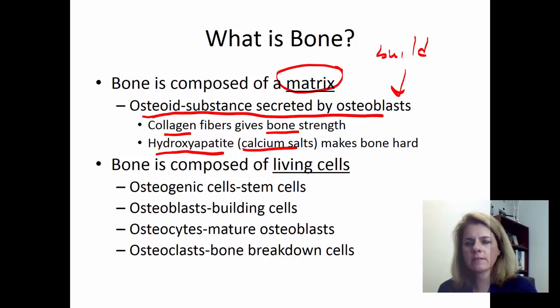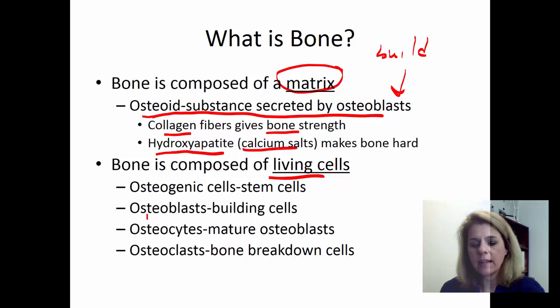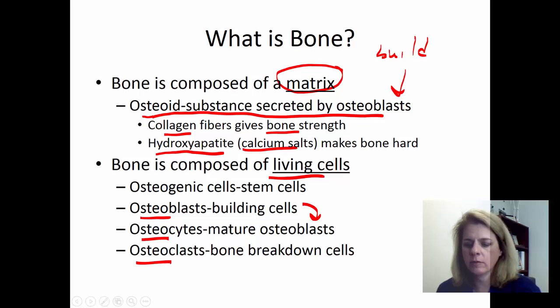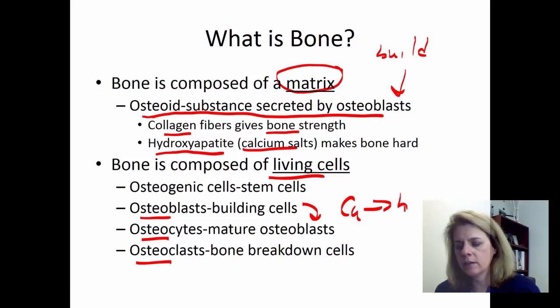Now, bone is not just a hard substance. It also has living cells. Bone has the osteogenic stem cells. It has osteoblasts, which are your building cells. It has osteocytes, which are just mature osteoblasts. And then we have osteoclasts, which can break down bone. Osteoblasts take calcium out of the blood and put it into the bone.